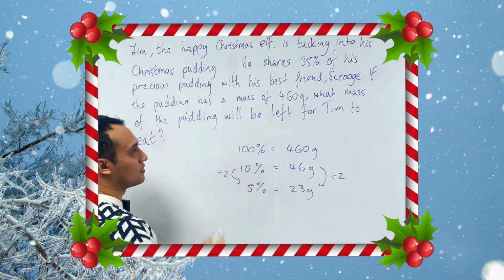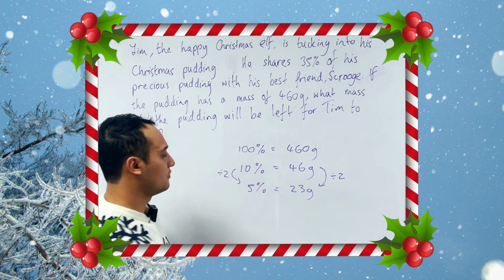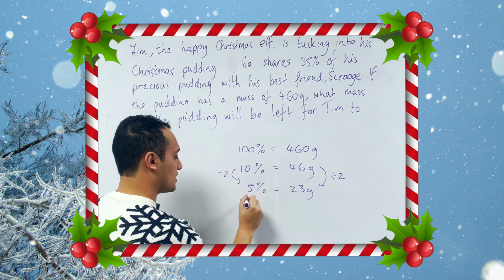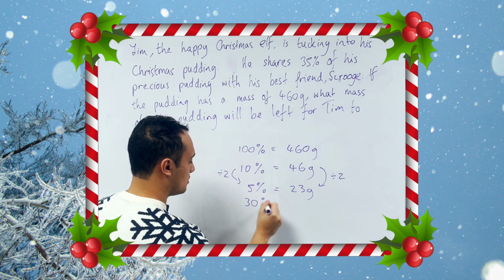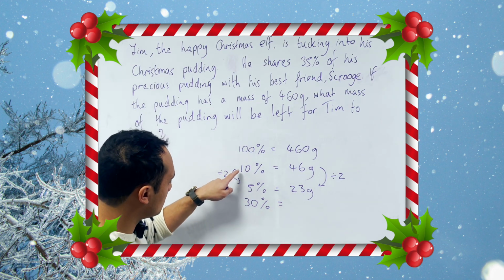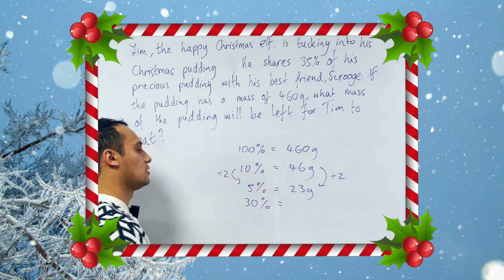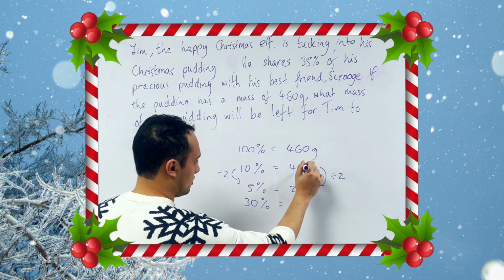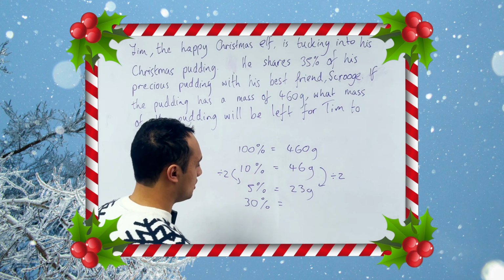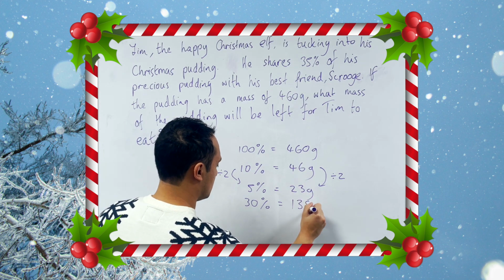Then, because 35 is 30 plus 5, we can find 30% using our 10% here. So we're going to take this 10% and times it by 3. If we times 46 by 3, that is 138 grams.